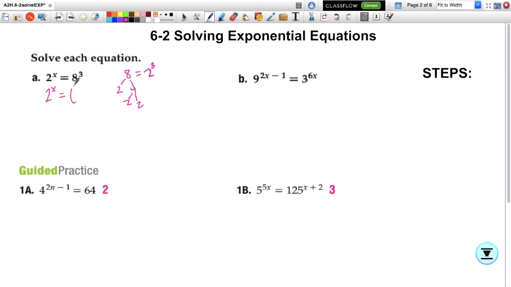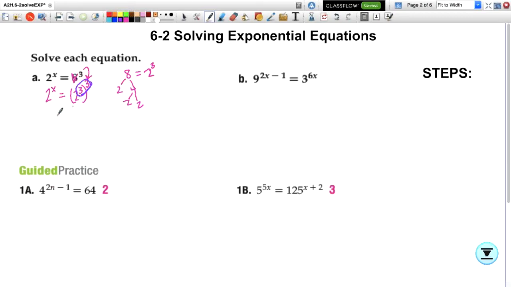So instead of putting an 8 here to the third, I could have a 2 to the third, because it's equivalent to 8, raised to the third again. Okay, so again, 8 equals 2 to the third, so I could replace the 8 with a 2 to the third. And then I still have this third on the outside, I have to keep it there. Well, if we just wanted to simplify this side, right, because we want it to look like 2 to some power, I notice that this is a power to a power.